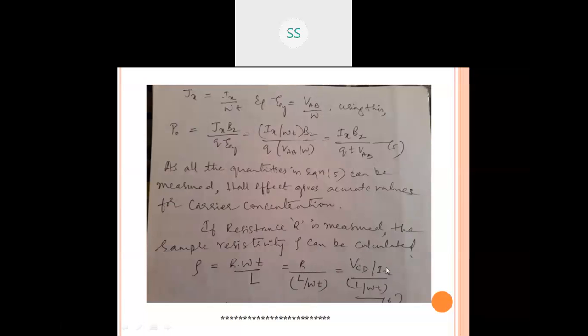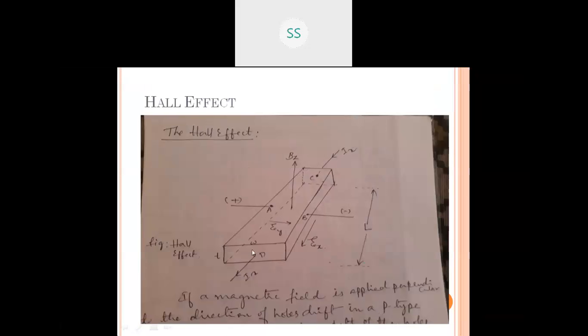Resistance is equal to V by I, and V is nothing but VCD. Why particularly VCD? Because you can see here that the whole drift is between C and D, and Bz is perpendicular to that drift.